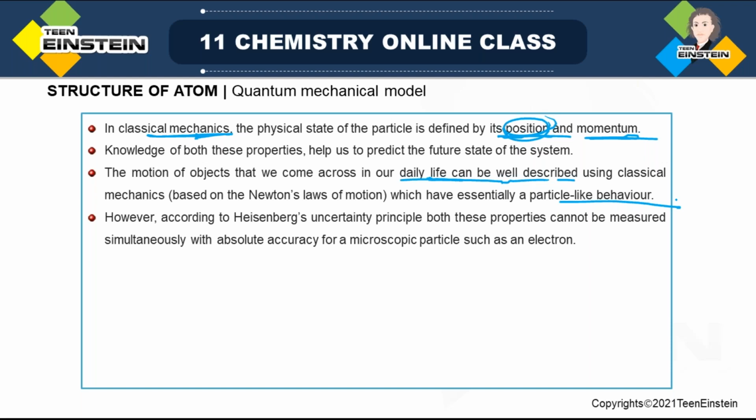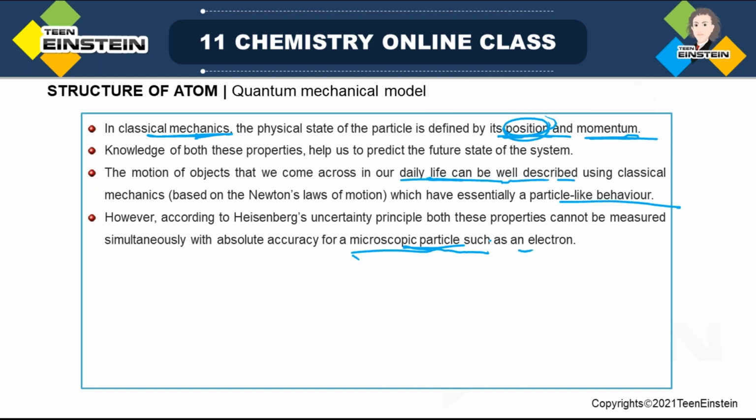Fine. But according to the Heisenberg principle, both these properties, position and momentum, cannot be measured simultaneously with absolute accuracy. And that is especially significant for microscopic particles, not macroscopic. So for macroscopic objects that you see in daily life, you can simply use classical mechanics based on Newton's laws of motion.